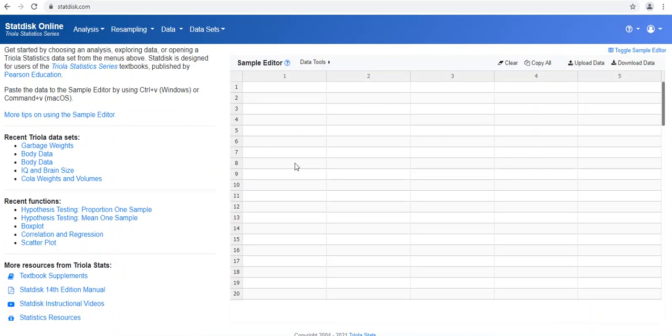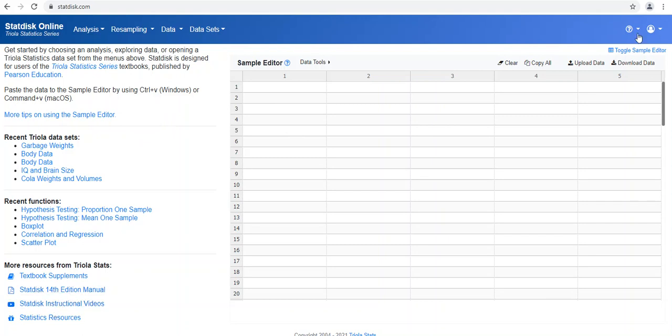When you go into StatDisk, you should be getting familiar with the program. You go to www.statdisk.org and then sign in. You should be used to that by now. This is the opening page. And if you have any issues with how to use it, down here you'll see StatDisk 14th edition. There's a user's manual there and some instructional videos.